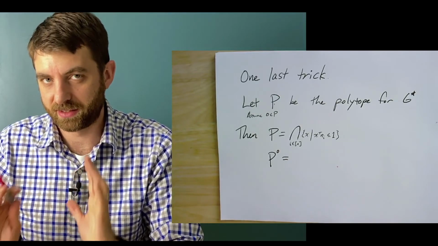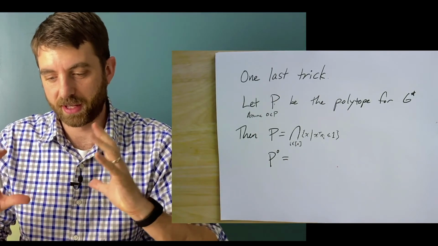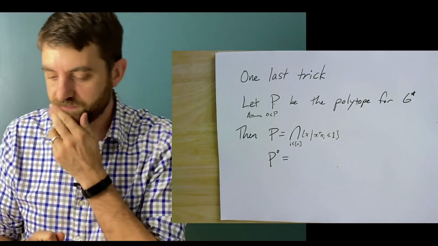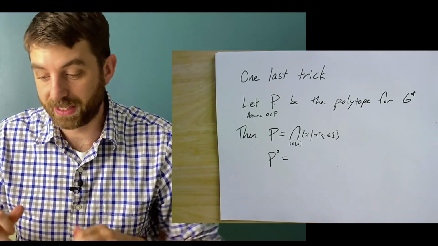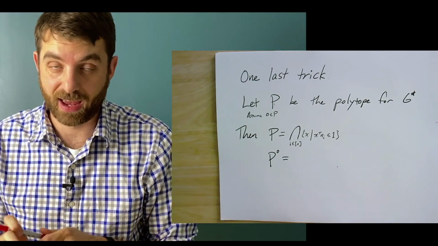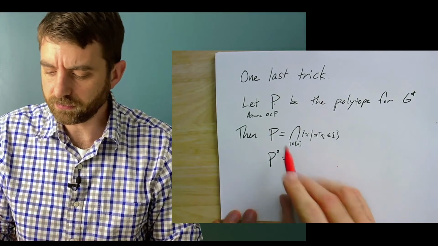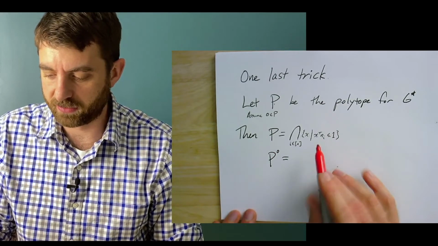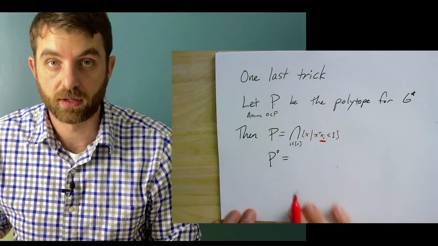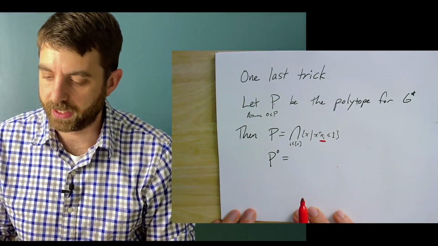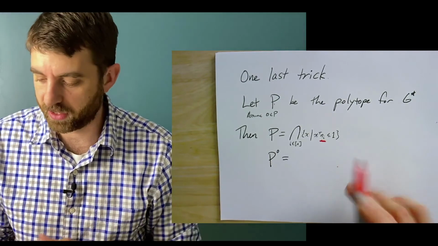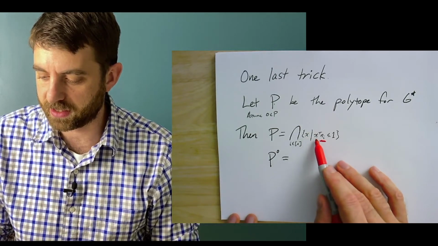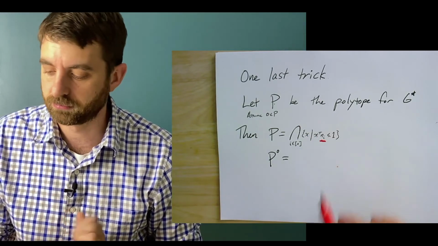If we assume that 0, the origin, is inside the polytope, so we can move the polytope so that it contains the origin, then it's a polytope, so it's the intersection of some half spaces. Let's say that these are the half spaces. They're defined in terms of some normal vector ni, and I scaled the normal vectors so that it's the set of all points x such that x times ni is less than or equal to 1.